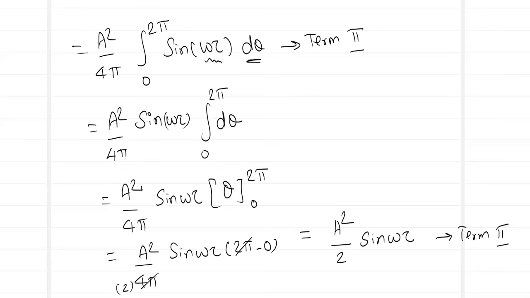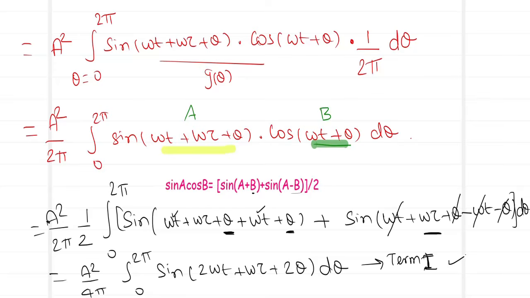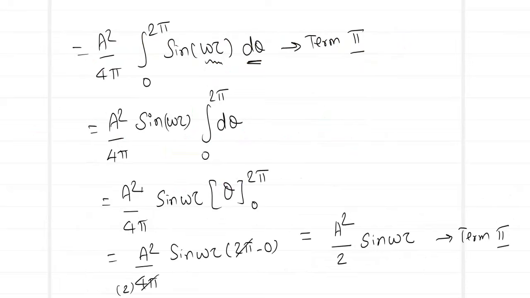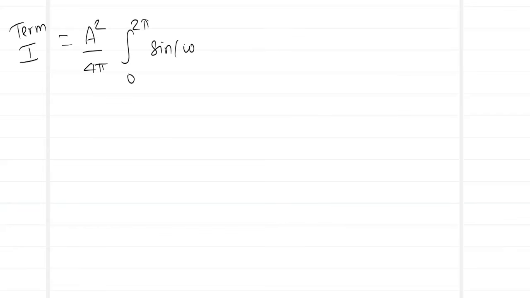Now let's come to the evaluation of our term 1, sine of 2 omega t plus omega tau plus 2 theta. We will copy paste this in the next slide as term number 1: A square divided by 4 pi, integral from 0 to 2 pi, sine of 2 omega t plus omega tau plus 2 theta into d theta.